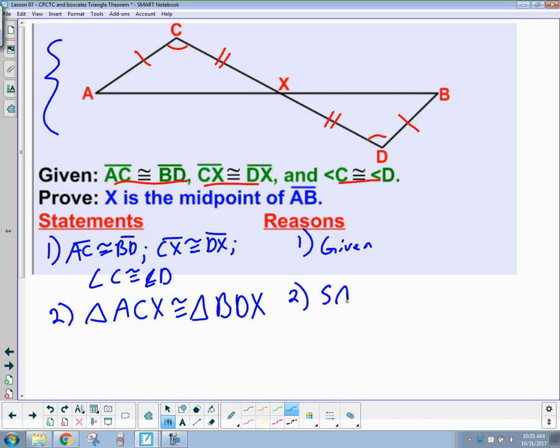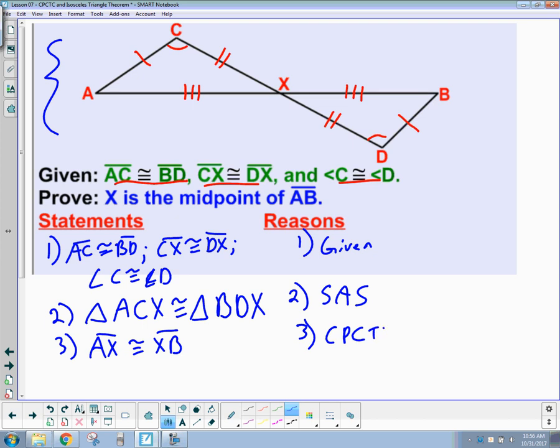With that information, all the parts are congruent. So now I can say that AX and XB are congruent. I need to state that first in order to say X is the midpoint, because remember, midpoint cuts these things in half. But I have to state first that AX is congruent to XB because of CPCTC.